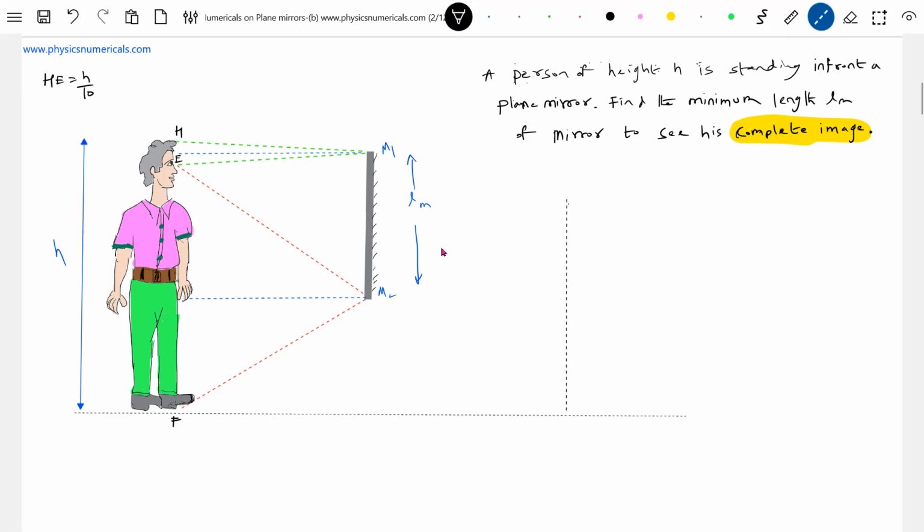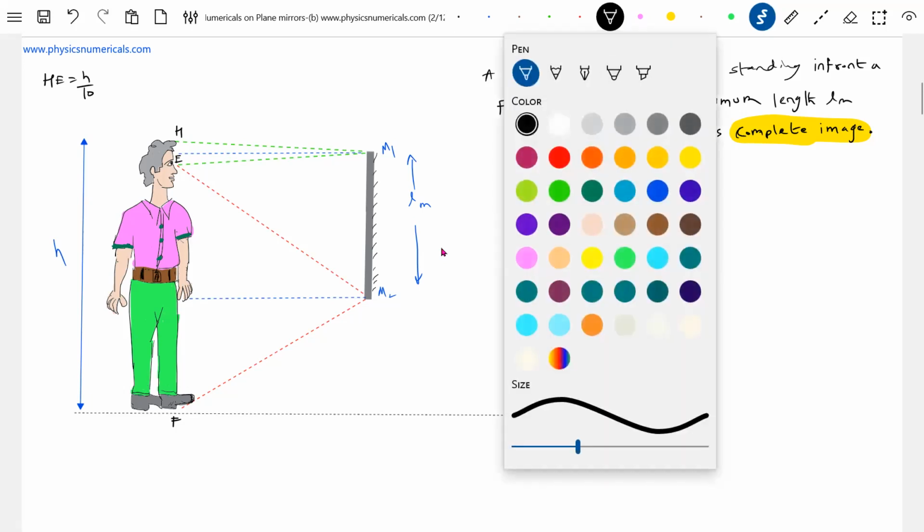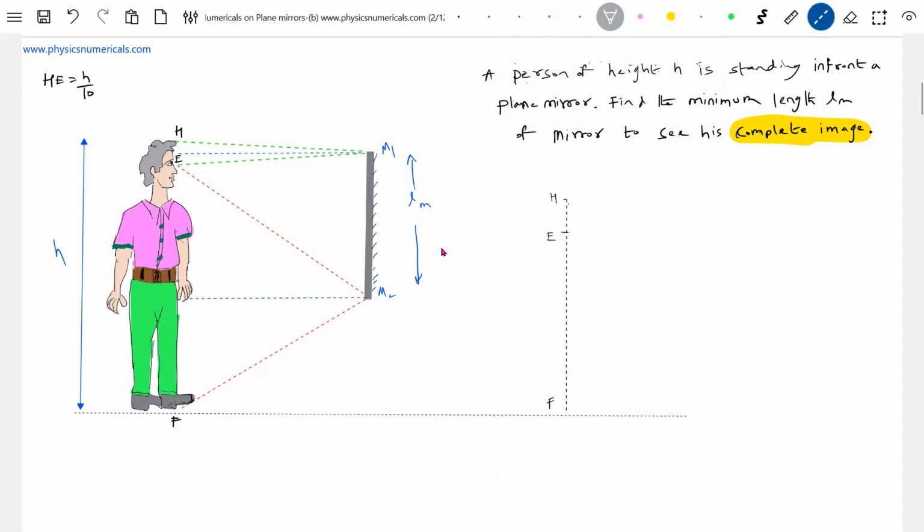There's a person. So this is the head, the eye, and this is the foot. The mirror which is under consideration will be here.